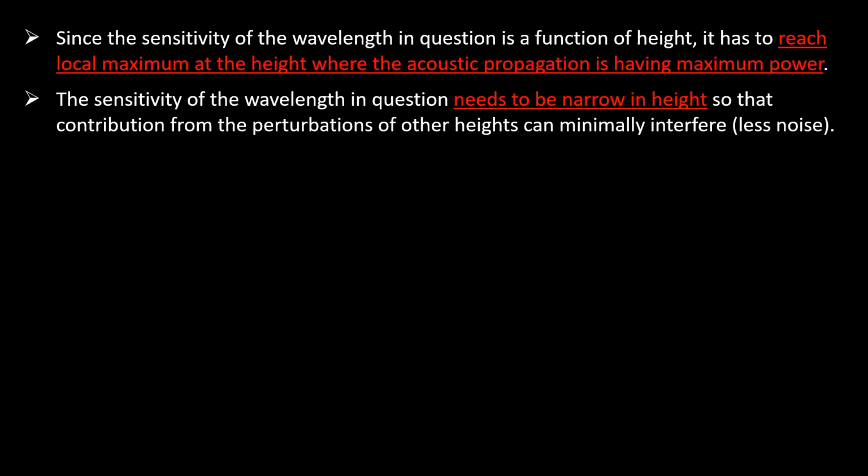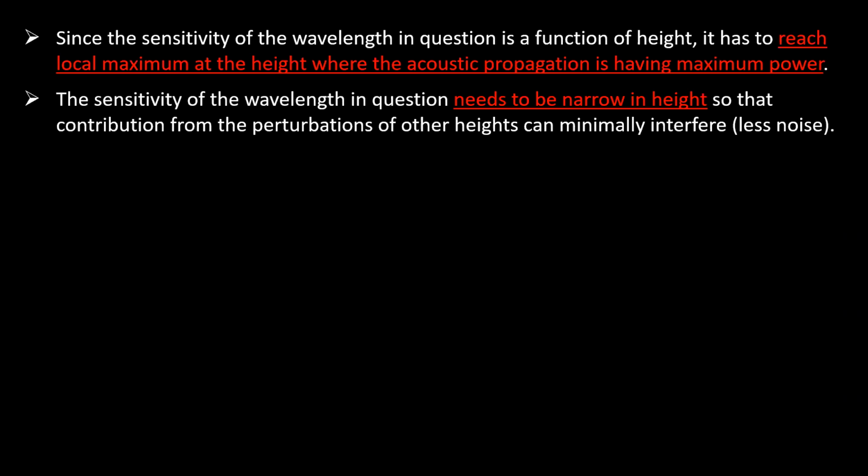And then the question is, every wavelength has a formation height, and the formation height needs to be really narrow, so that any other contribution from any other height cannot interfere.